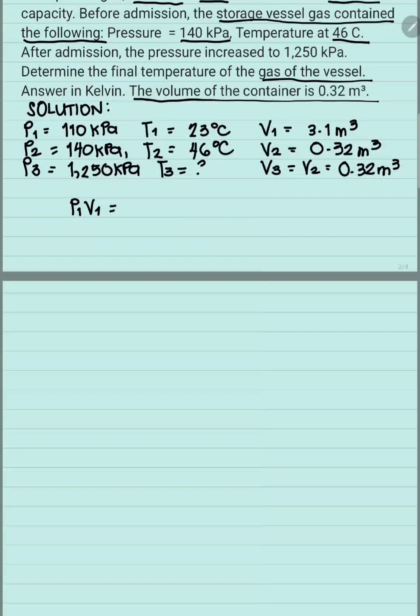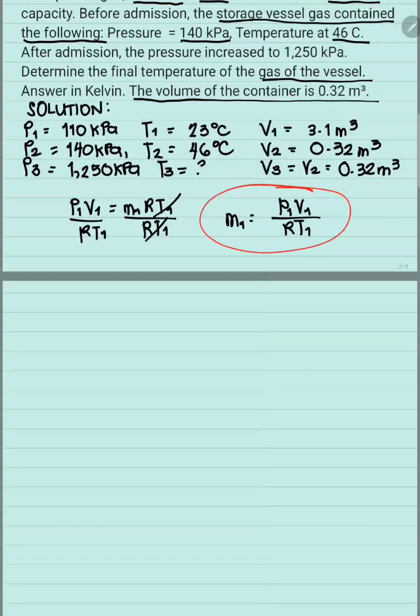Let's proceed first on the very first initial condition, which is P1V1 is equal to M1 RT1. So we can get the mass by dividing both sides by RT1, and we will get M1 is equal to P1V1 over RT1. We will utilize this formula.